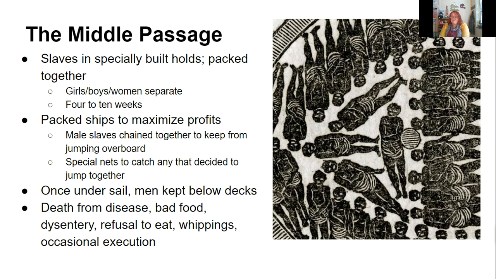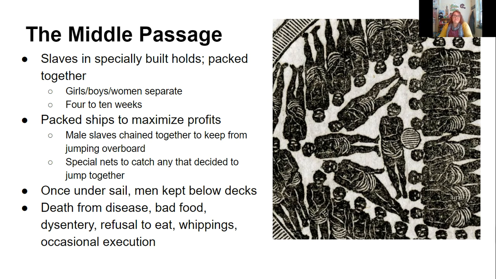And the Middle Passage is one of the, like, every time I start to talk about the Middle Passage, I just want to cry, because the Middle Passage refers to the journey from Africa to the Americas. Slaves were packed together in specially built holds on ships.